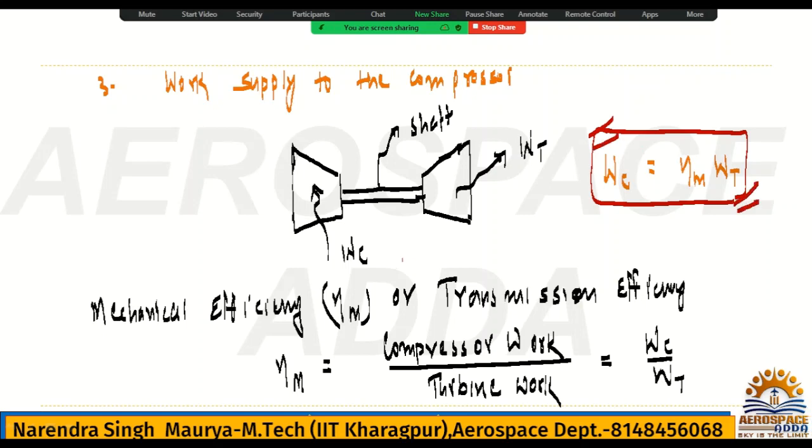Now, in this situation, sometimes you may have all the values for the turbine and you need to calculate the compressor work. If some data is given for the turbine, you can calculate for the compressor, if mechanical efficiency is given. So how to relate it?